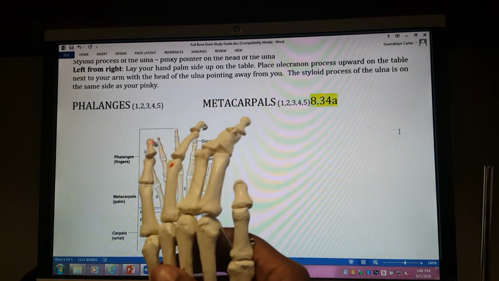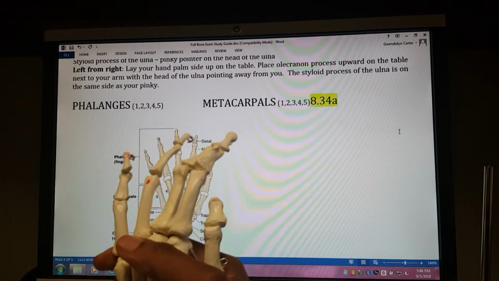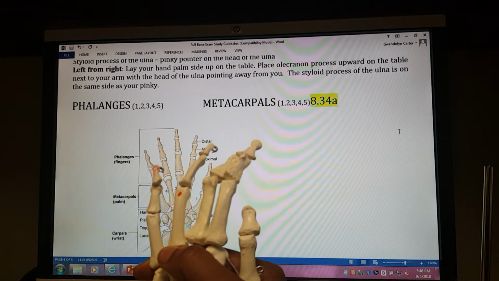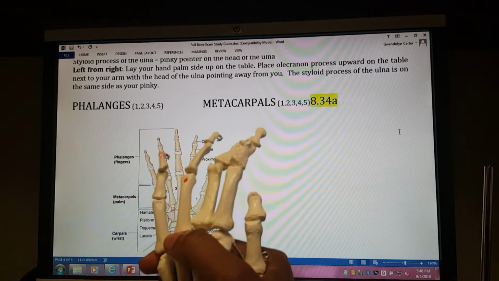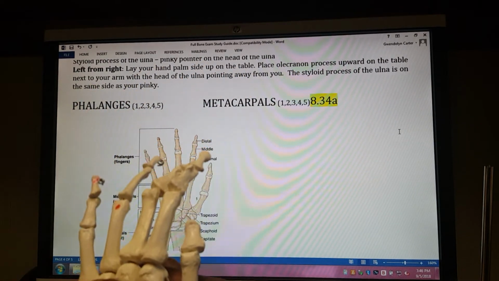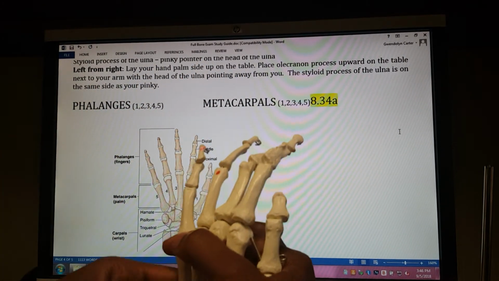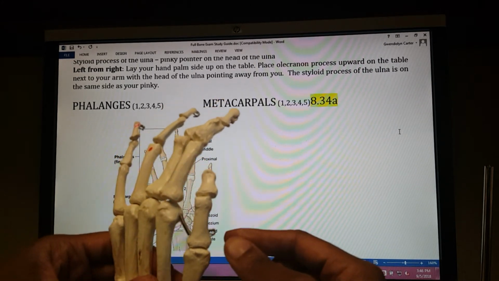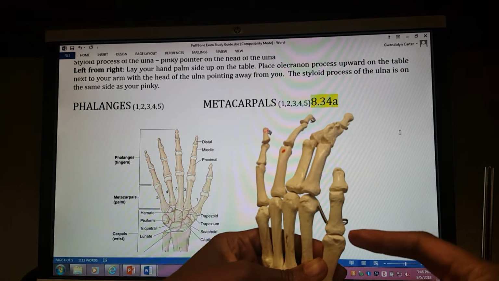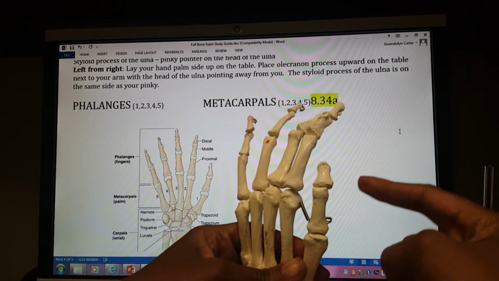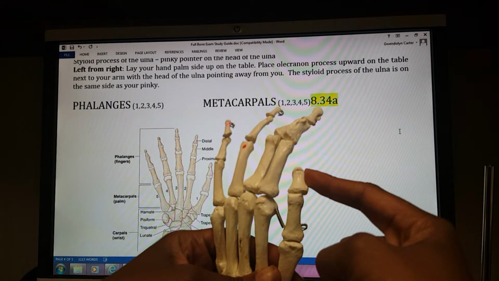For your phalanges, still keeping the same numbering system, but also distinguishing which one is which based on how far away they are. For example, your thumb only has 2 phalanges. So this would be your proximal phalange number 1, your distal phalange number 1.